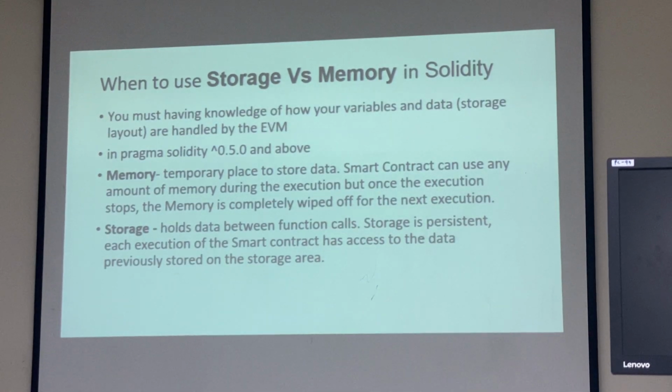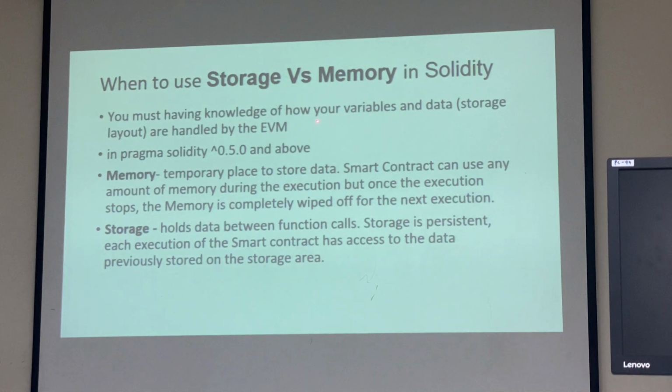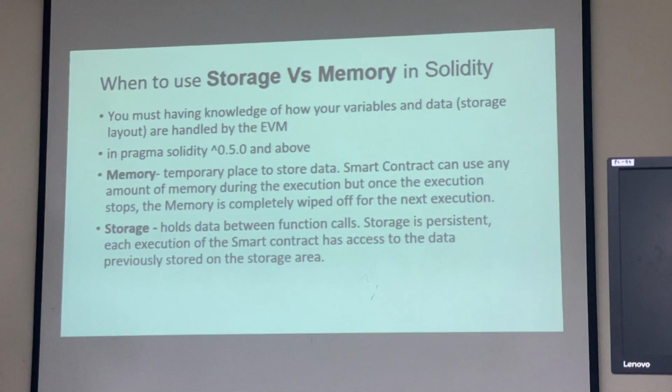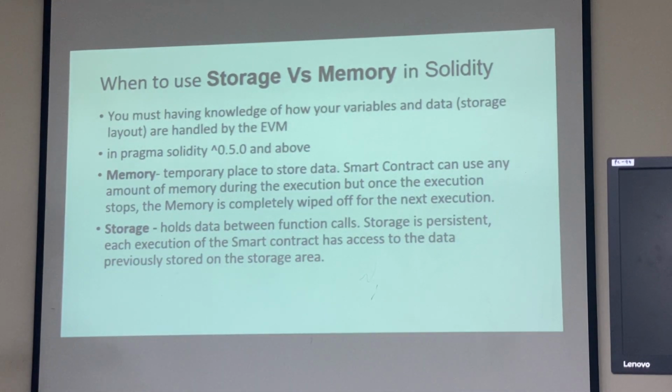Last week, under 0.8.0, I told you that when we create our variable, whether it is a local variable, a state variable, a variable defined in an input parameter, or a variable defined in the return parameter going back to the front end, you must have knowledge of how your variable and data, the storage layout, are handled by the Ethereum Virtual Machine.